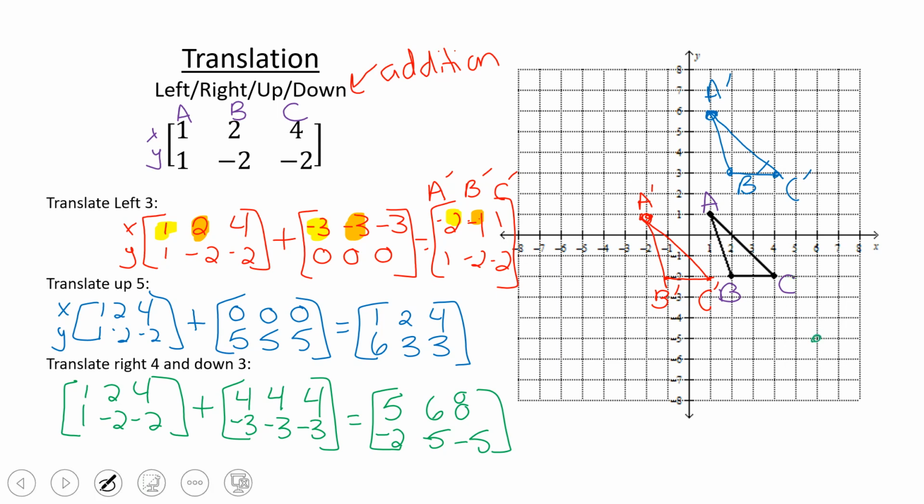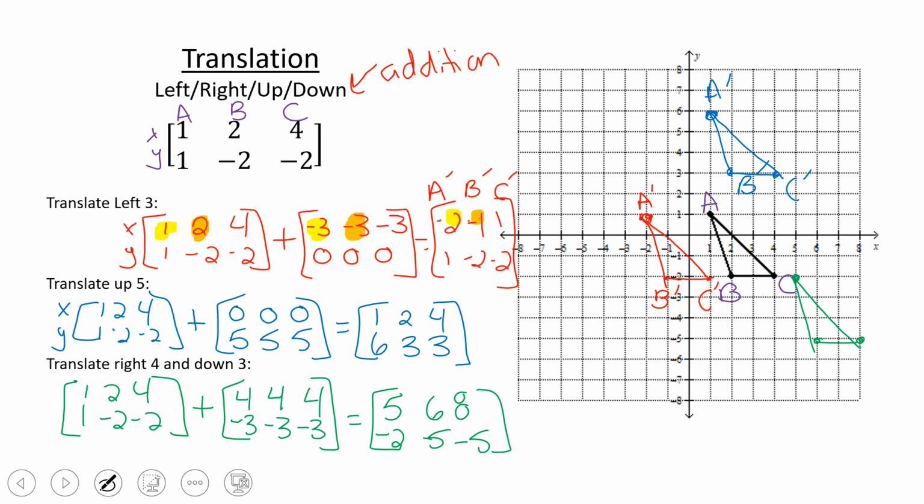So that's 6, -5. Yep. Oh, my other point disappeared. And C, move it 4 units right, down 3, sorry. That would be here. And so then there is my last triangle.